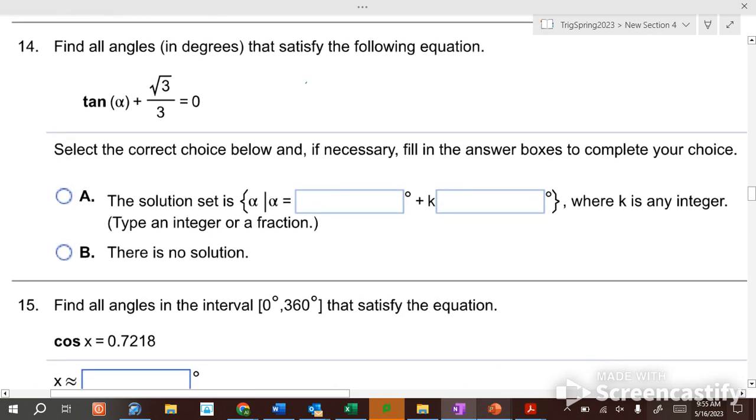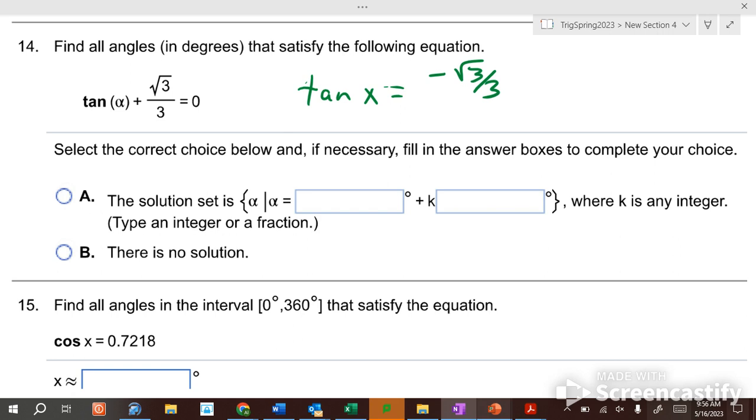This one, where is the tangent of x equal to negative square root of 3 over 3? Ooh, that's a little harder. 5 pi over 6, according to Henry. And Henry is right. It is 5 pi over 6.